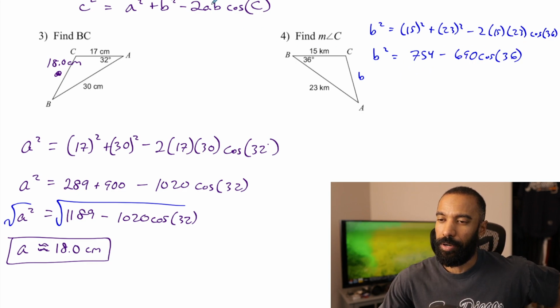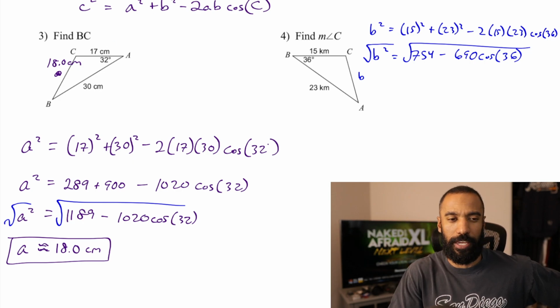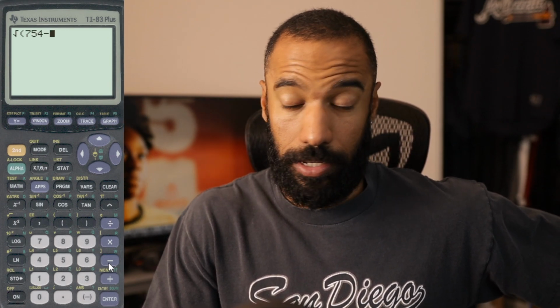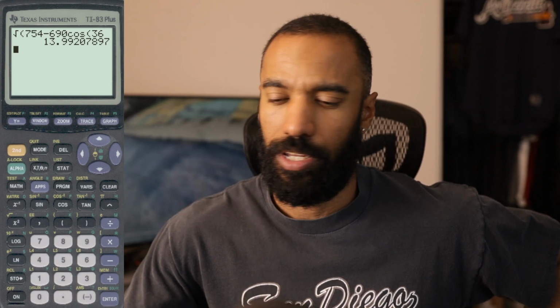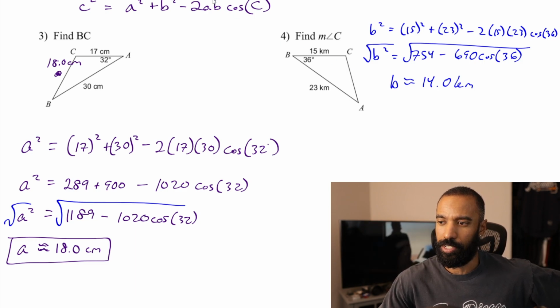So that's the b squared. Take the square root of both sides and you'll get b. Let's go ahead and check that one out. Graphing calculator. Square root of 754 minus 690 times the cosine of 36 right there. And that's 13.99, just around 14. So b is around 14, and this is kilometers, so 14 kilometers. I'm going to go ahead and erase the b and put the 14 right there.